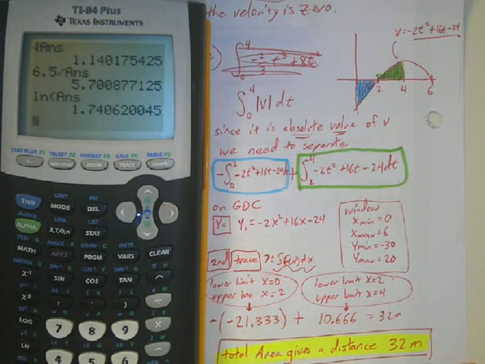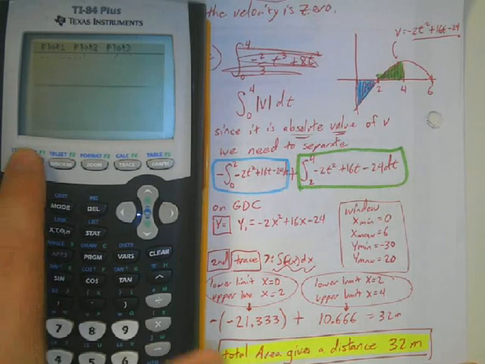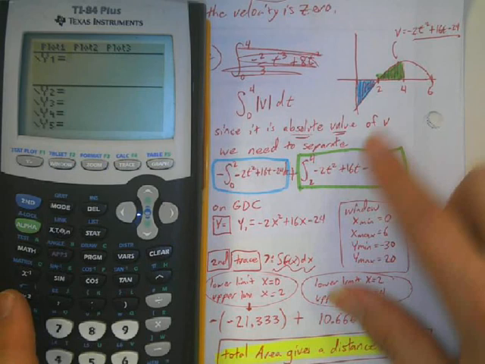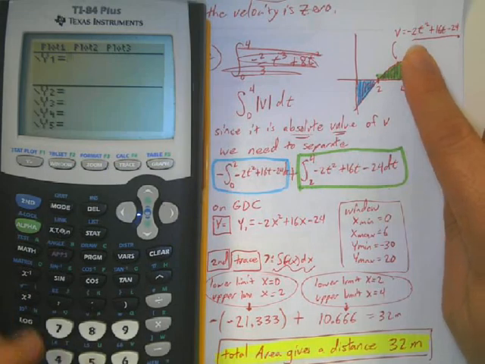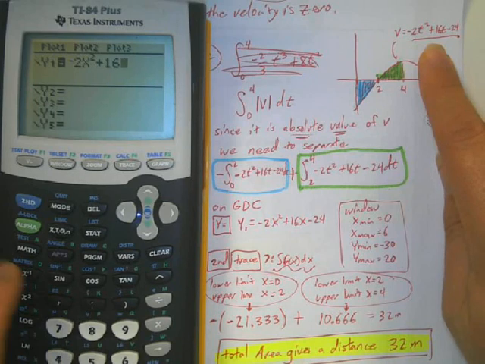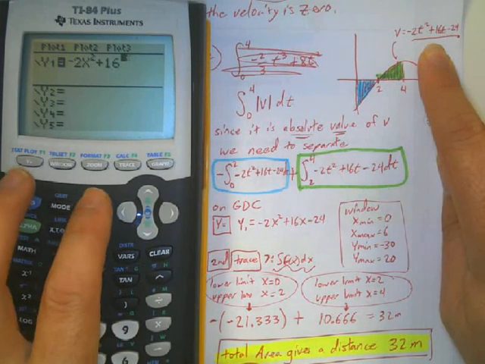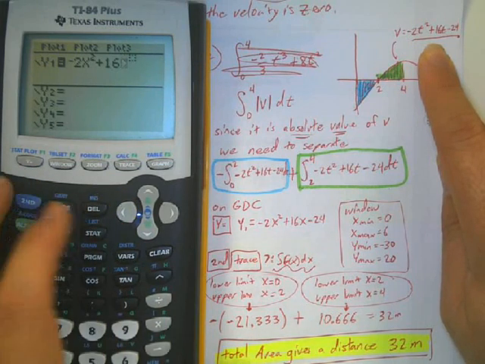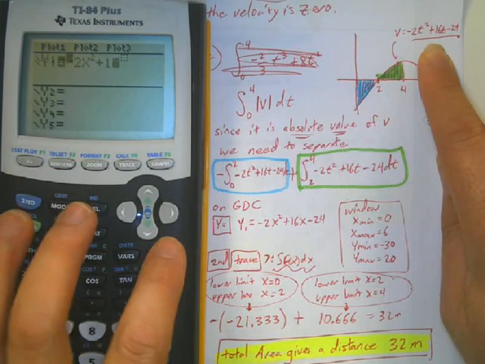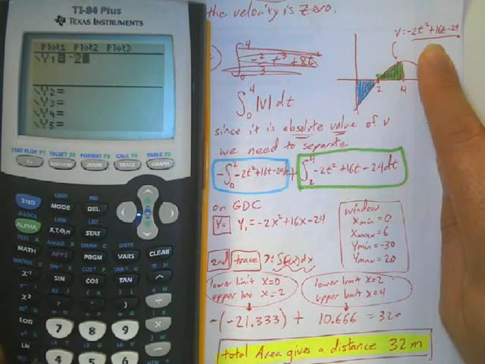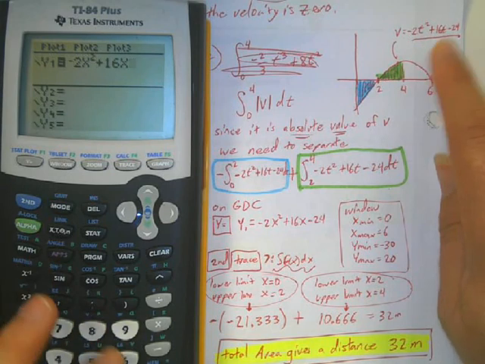Okay, so y equals, let's type this in, negative 2x squared plus 16x minus 24.